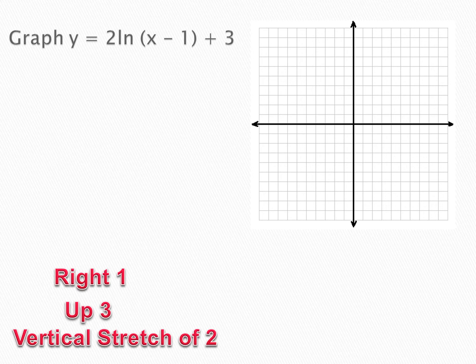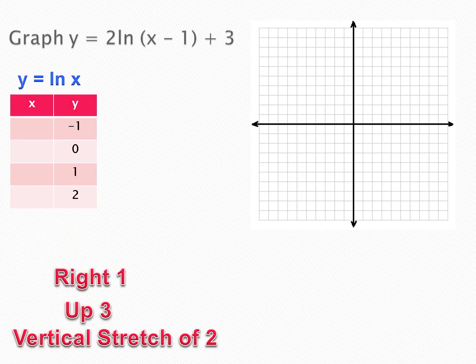Okay, so we've talked about the movement: right, up, and vertical stretch. Now let's talk about graphing it. So we know our LN table is just the inverse of the e to the x table. So this time my y's are going to be -1 to 2, and my x's are 0.4, 1, 2.7, 7.4.